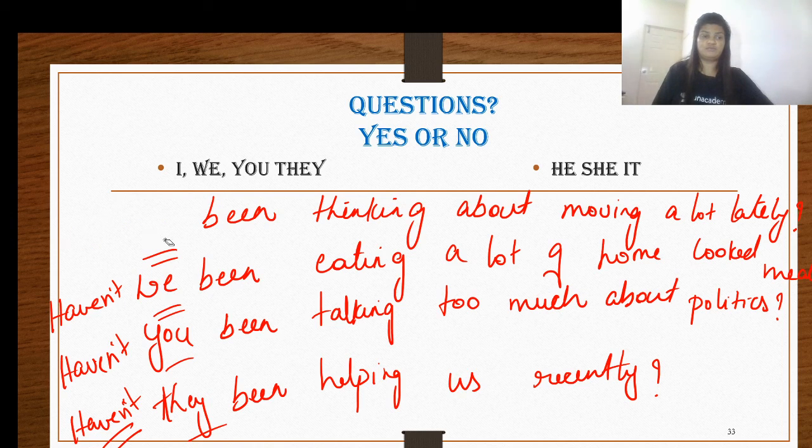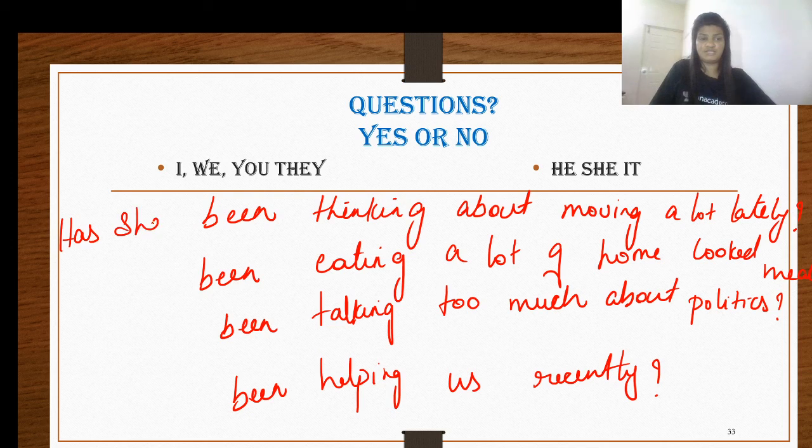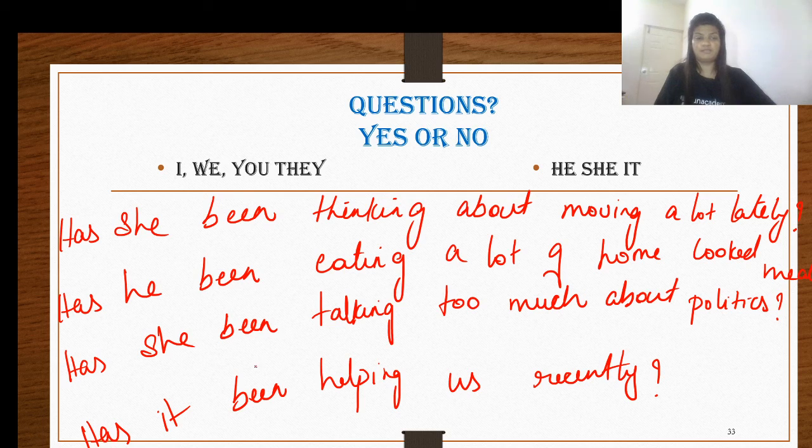But with the subjects he, she, or it, you use plus s verbs, which is here has she, or has he, and has it. So the same words, the same usages.